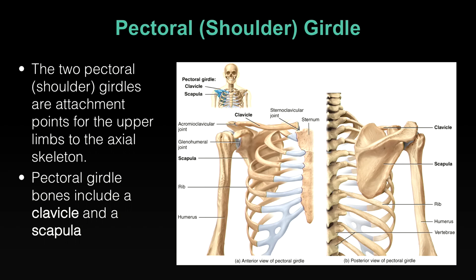That's the only articulation between the girdle and the axial skeleton. There's no other joint. This is the only part. It's the only part that's holding the girdle on. That's not true. But it's the only joint connecting the axial skeleton and the shoulder girdle. It's kind of impressive.